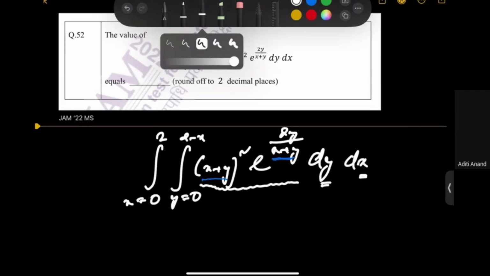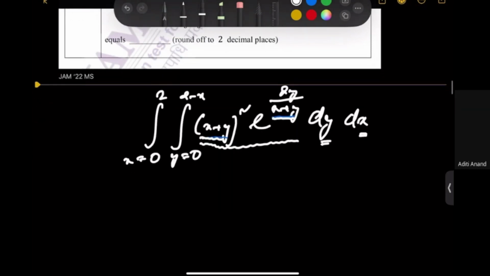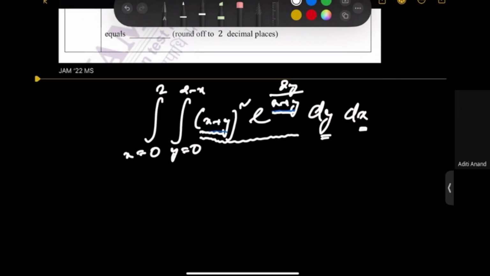So guys, this is your clue that you should apply the method of substitution when the function looks like a mess, it's big. Most likely you should adopt the method of substitution.